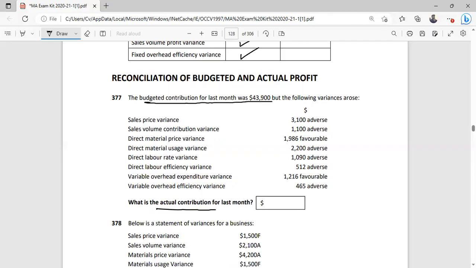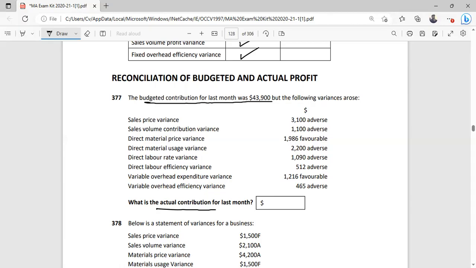Suppose we have an answer of 43,900 less adverse 3,100, less adverse 1,000, add 1,986 favorable, then add 22, then subtract 2,200 adverse, then subtract 1,090 adverse, then add 512 favorable, then 512 adverse, then 1,216 favorable, and finally 465 adverse.